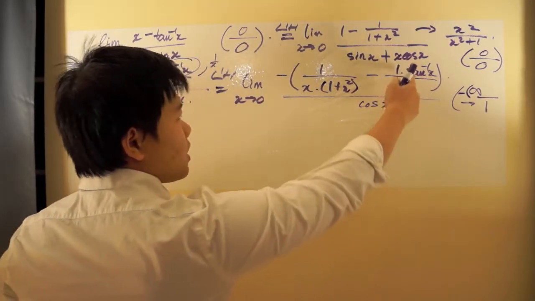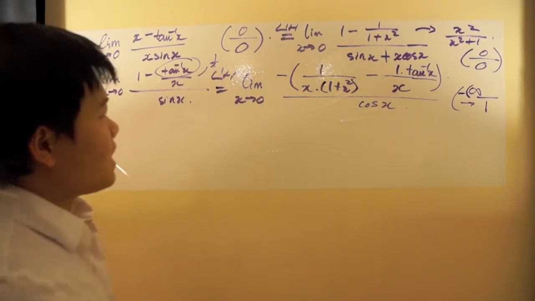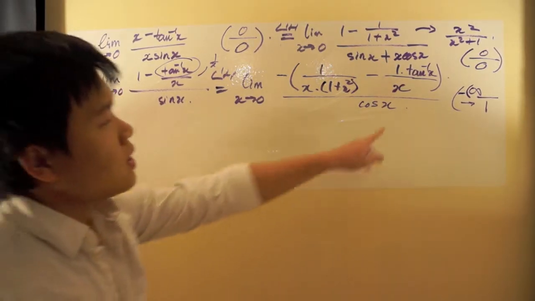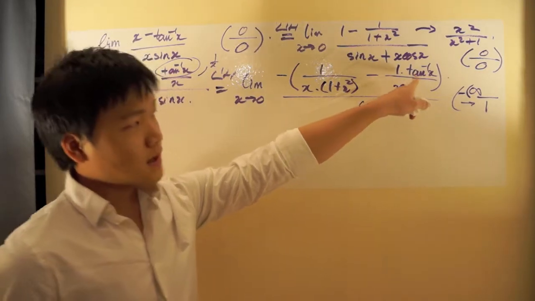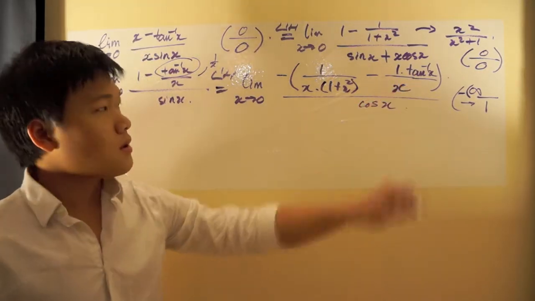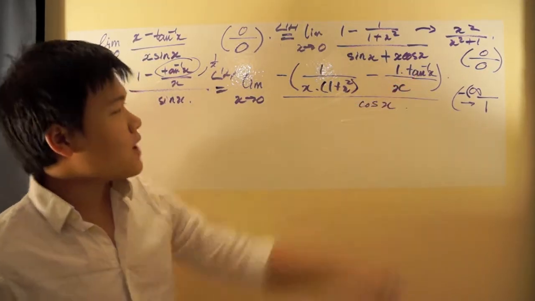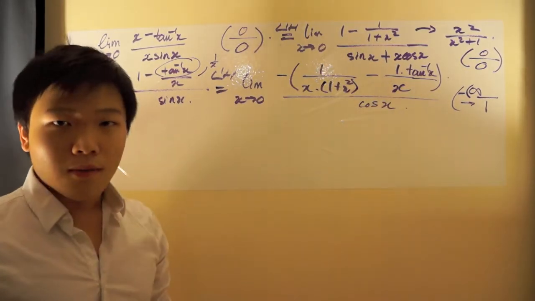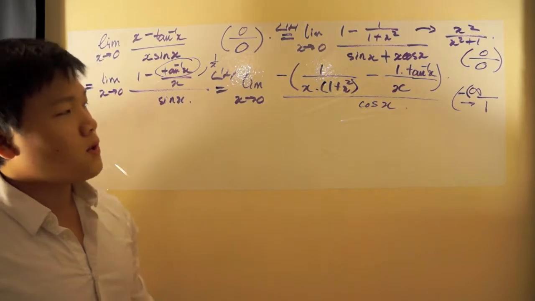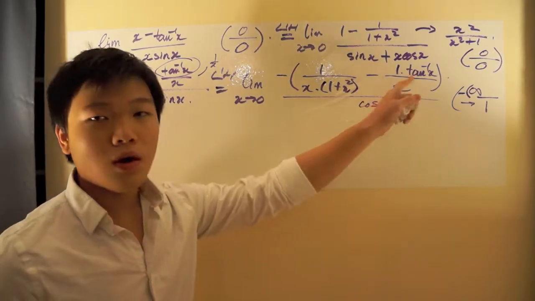And look at this part right here. Inverse tangent x over x, as x approaches 0, you can see that this by itself has an indeterminate form. When x approaches 0, inverse tangent of x will be 0, and x by itself approaching 0 will be 0 as well. So you have a 0 over 0.